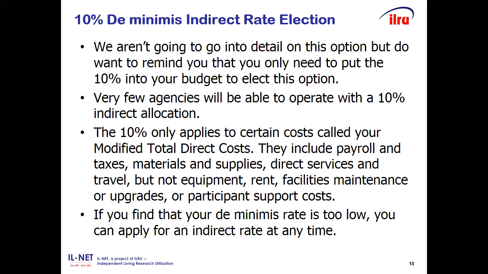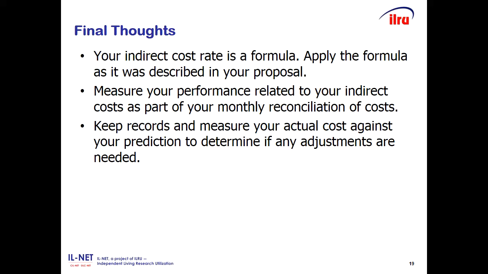Okay, and then with that, I guess we can move on to slide 19. And our summary. Right. So your indirect cost rate is a formula. Apply the formula as you described that you would in your proposal. So you chose your formula, and now you need to apply it.